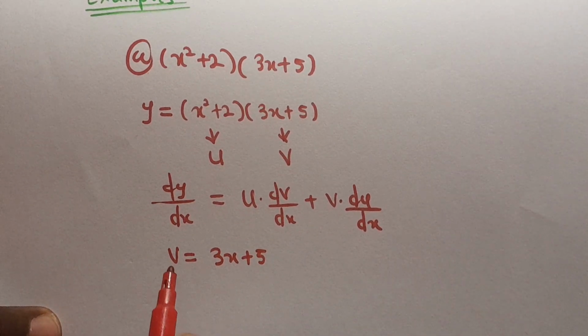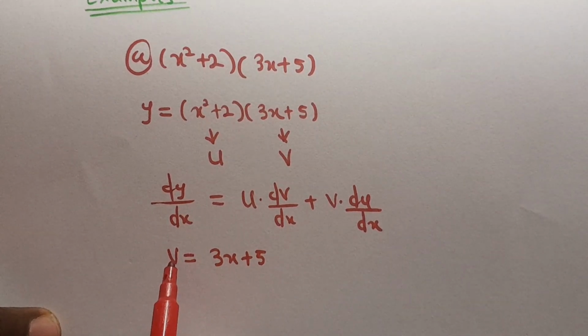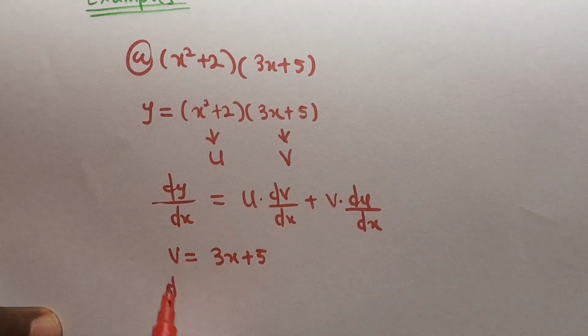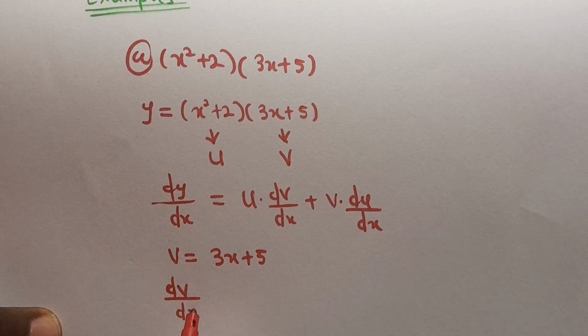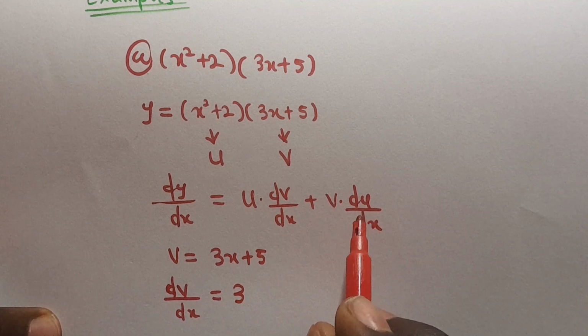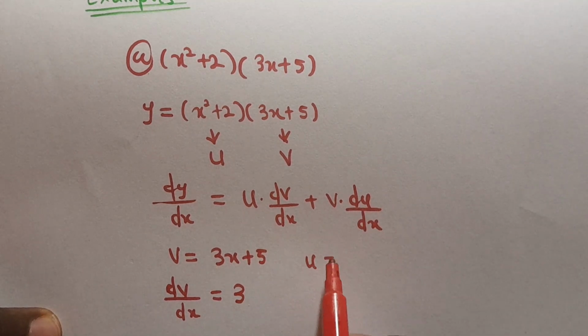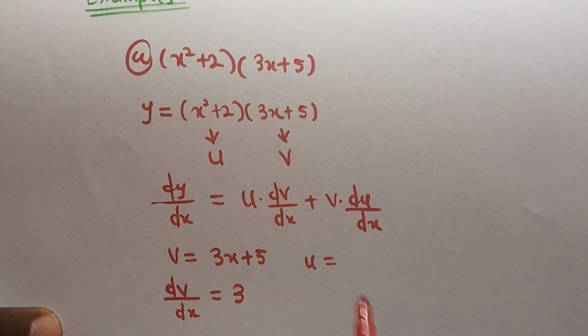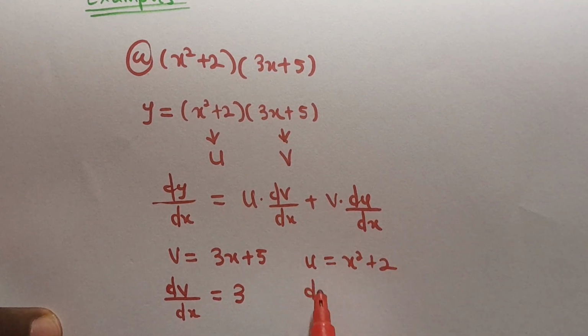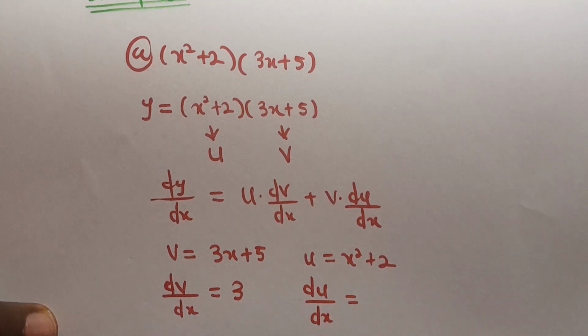Differentiate this phi with respect to x, d phi/dx equals 3. Also, we want to obtain du/dx. Our u equals x squared plus 2. So du/dx equals 2x.